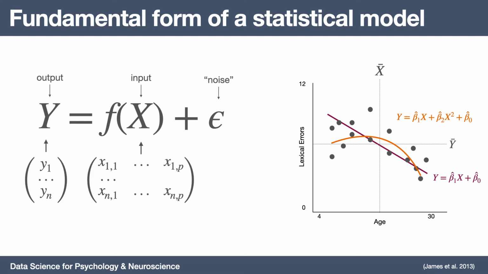But these lines, the orange line and the red line, are compressed versions of the data that abstract away a lot of the variability across observations in order to describe a general trend that can be broken down or compressed into a single equation: y equals beta hat 1 x plus beta hat naught. You've distilled all of the nuance of that relationship between age and lexical errors into a line.